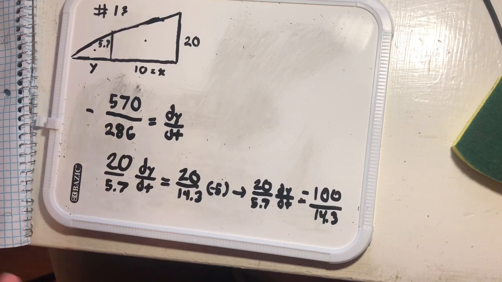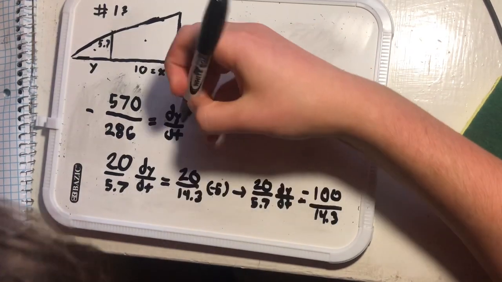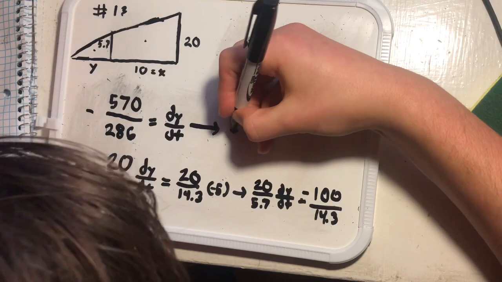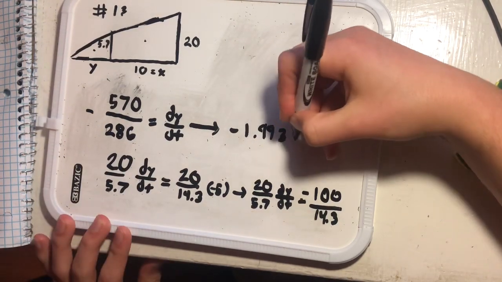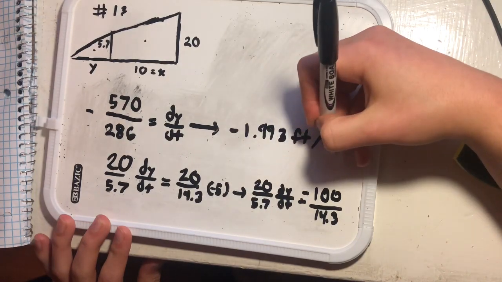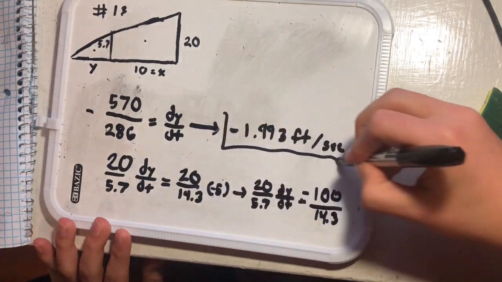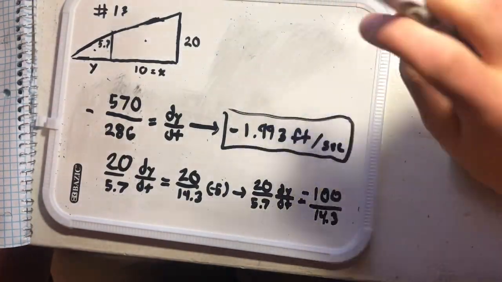And so this equation would be negative. And this is your equation. And this comes out to the answer of about negative 1.993 feet per second. And this, ladies and gentlemen, is about your answer.